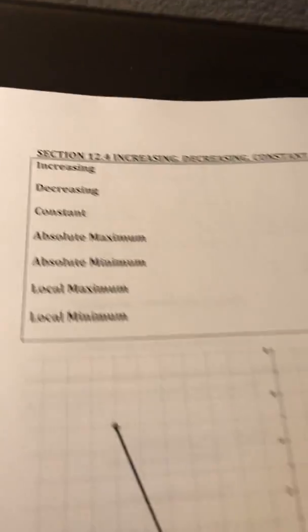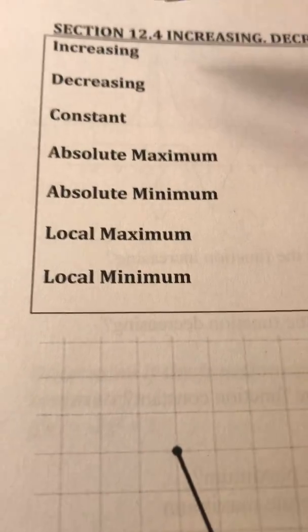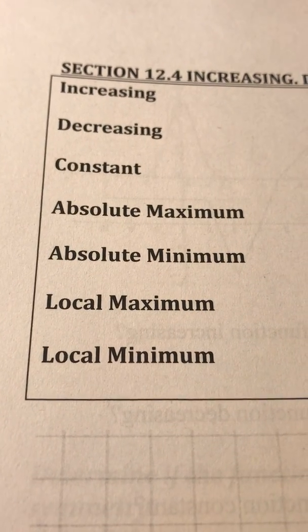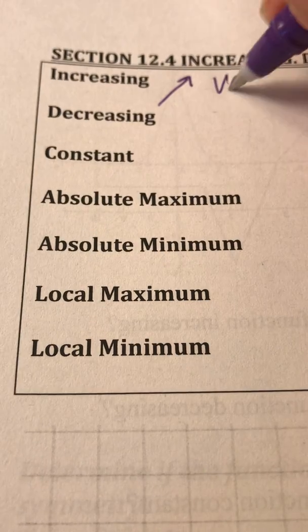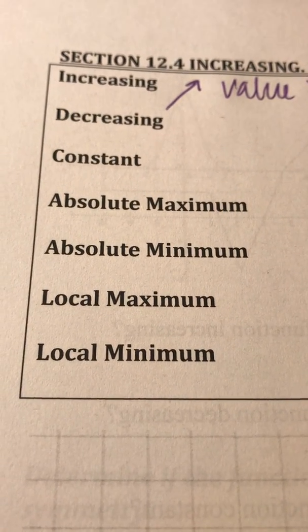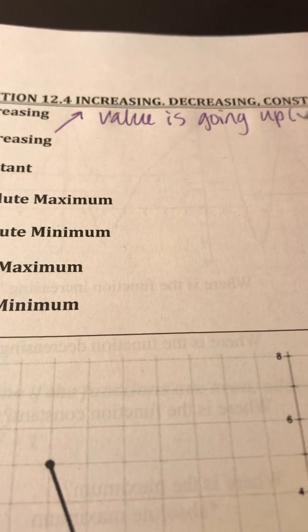To get us started, if you want to turn to page 101, we have some vocabulary up at the top, okay? Some of these we've talked about before. We've talked about what it means to be increasing. If we're looking at a graph and something is increasing, that means our value is going up, okay? And we're looking at the y value.